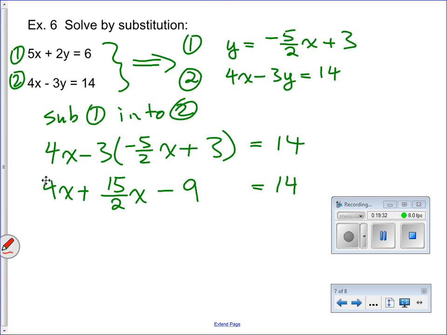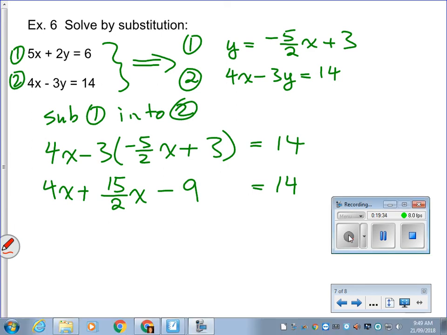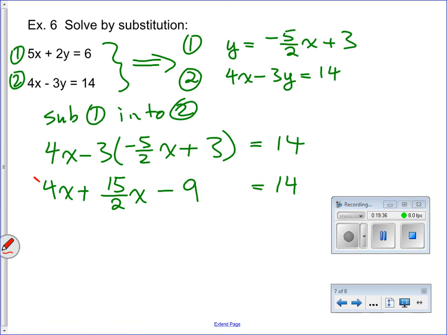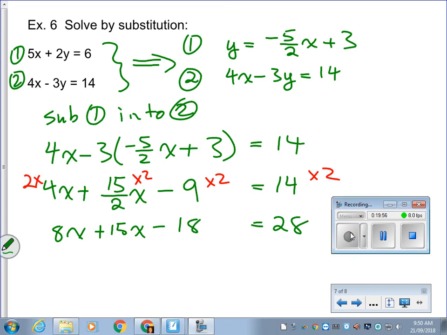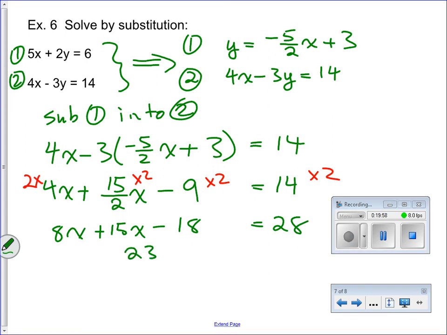So we're going to multiply all these numbers by 2. So times this by 2, times this by 2, and times this by 2, and times this by 2. Simplify your work, and we end up with 8x plus 15x minus 18 equals 28. 8x plus 15x is 23x minus 18 equals 28.